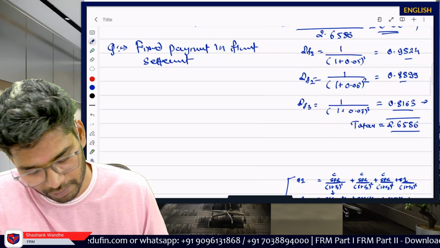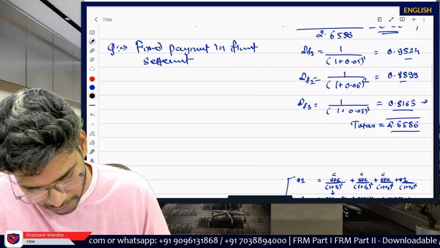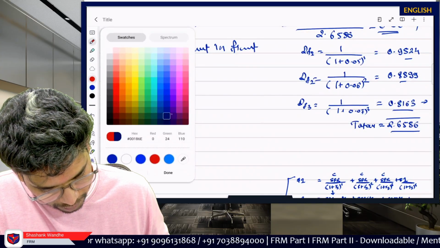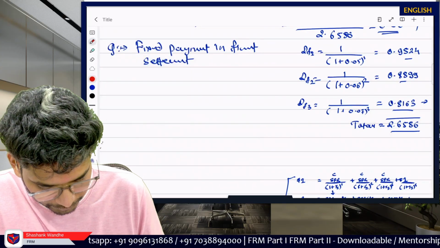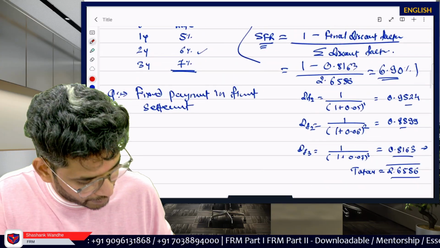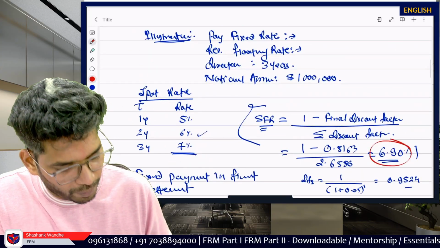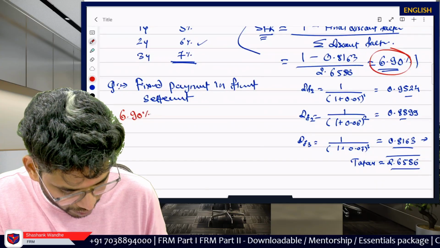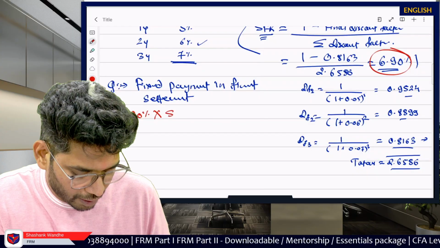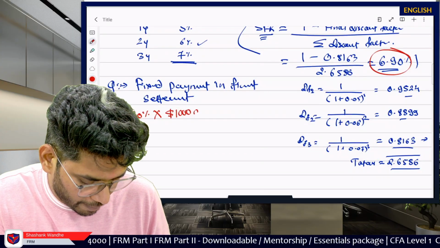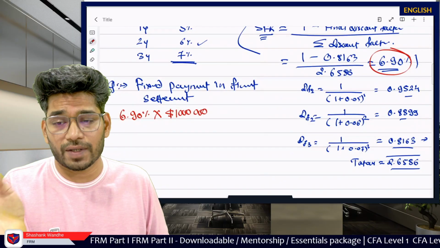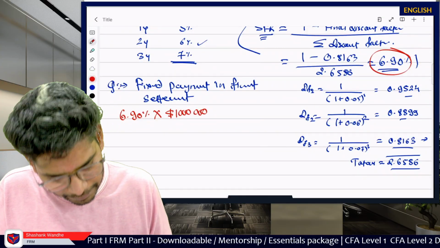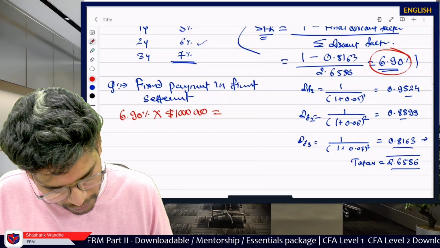So for this, again, it is very simple. What is our SFR? SFR is 6.90%. 6.90% multiplied by, what is our notional value? 1 million. 6.90% multiplied by 1 million. And you can simply solve this.